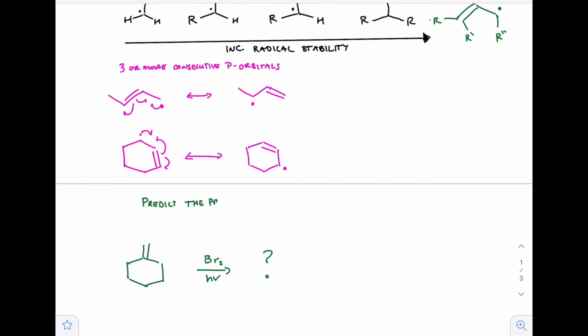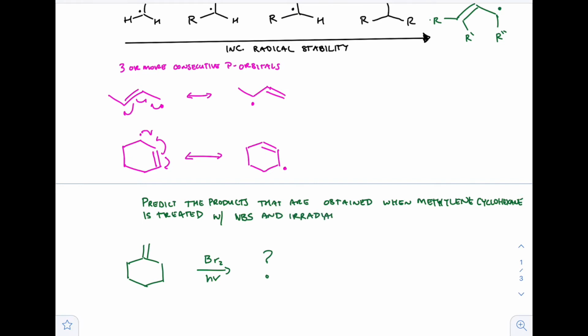Predict the products that are obtained when methylenecyclohexane, the compound below, is treated with NBS, I'll explain what that is in a little bit, and irradiated with UV light.